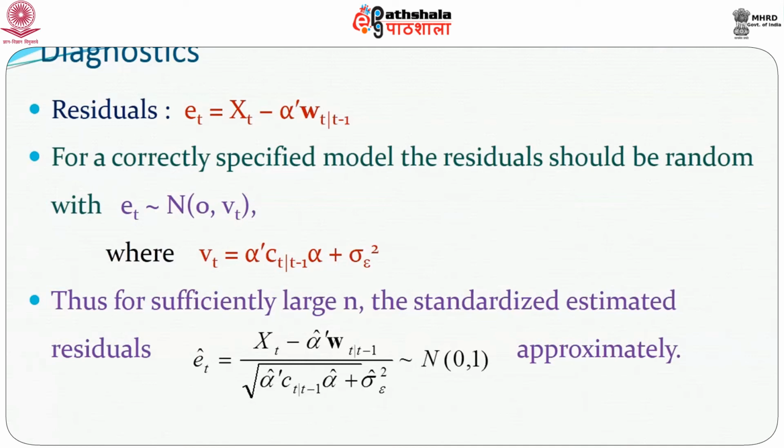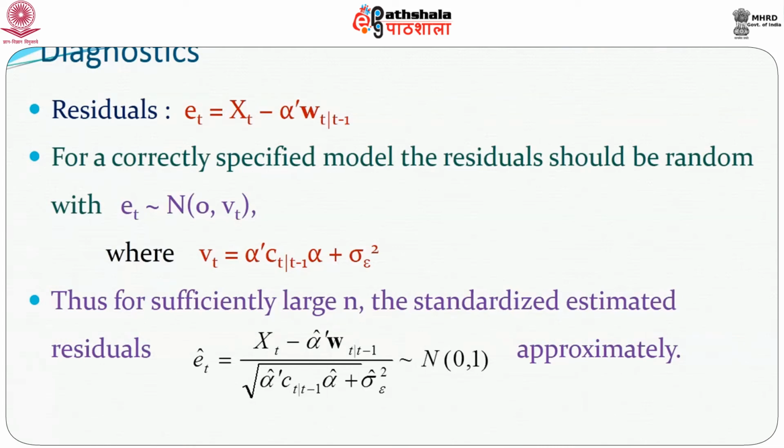But in this case, the parameters would be unknown, therefore, we are taking the estimated values of alpha and sigma epsilon square, and that gives us the estimated residual, which is standardized by the standard deviation of epsilon t. And it can be shown that this is approximately a normal 0-1 variable, and we need to check the usual normality check for these epsilon t hats to ensure that the residuals we get satisfy the conditions that we have imposed.